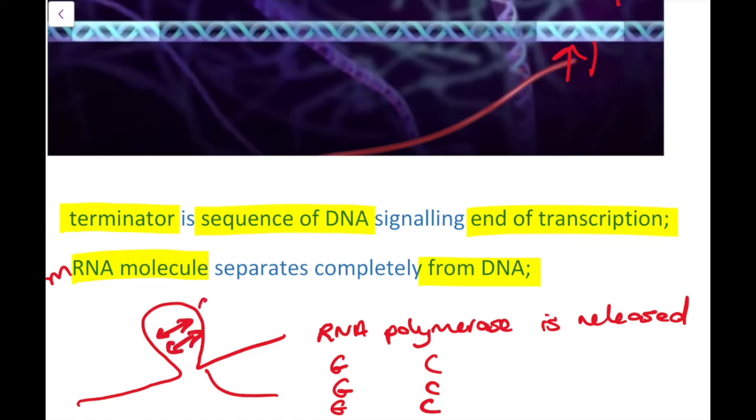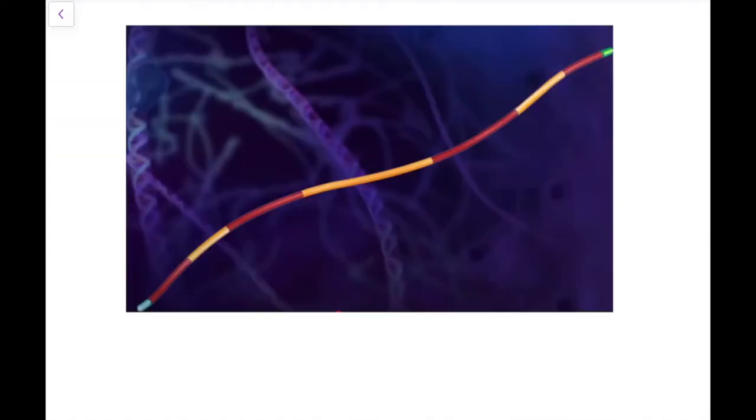So if you've got a G here, you've got a C over there. They create a loop, and this loop kind of makes it fall off. But that's beyond IB, but it's basically a sequence that creates a loop that causes it to fall off. That's one way. And so at the end of transcription, we have an mRNA molecule, a single strand of RNA nucleotides.